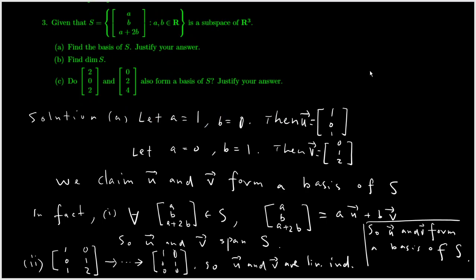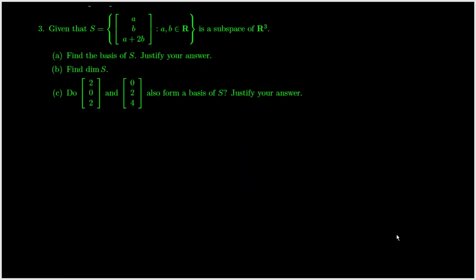Again, by dimension, it means nothing but how many basis vectors in any basis. In question A, we found a basis, right? We proved U and V form a basis. And then you just count how many vectors in the basis. 2 vectors in the basis. So the dimension is 2.